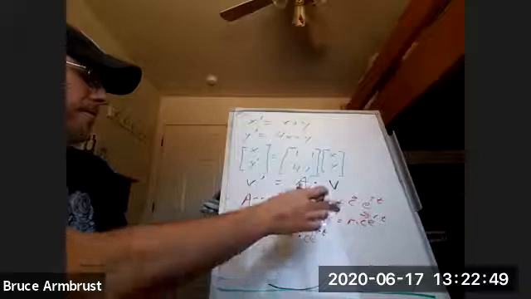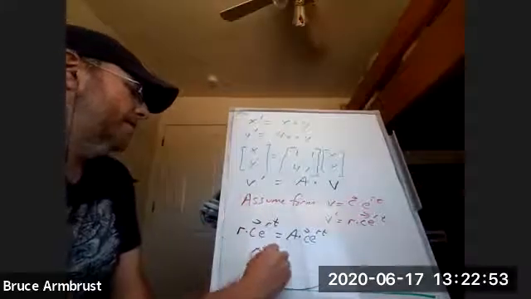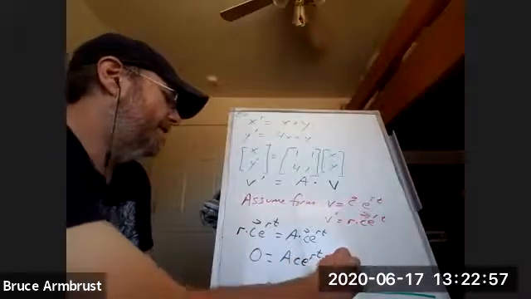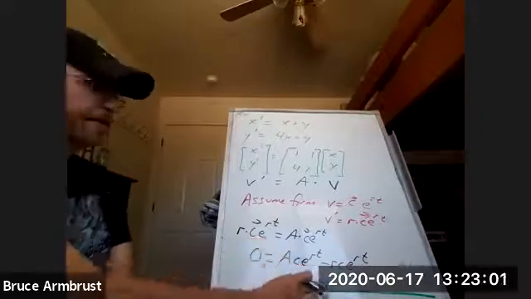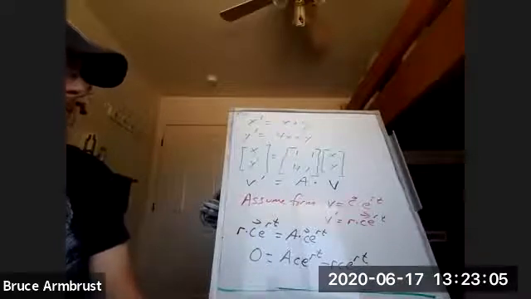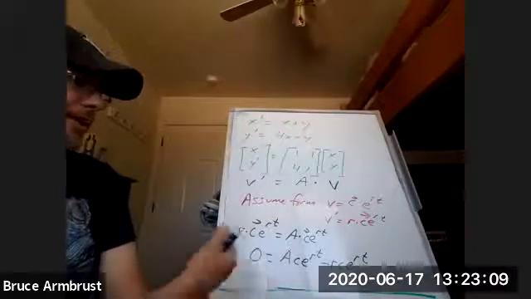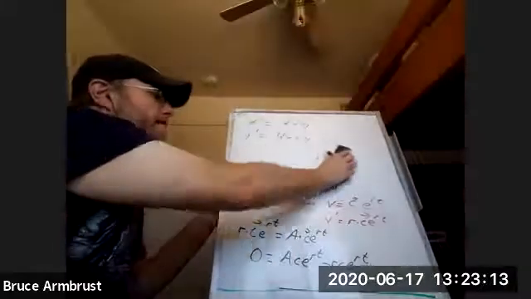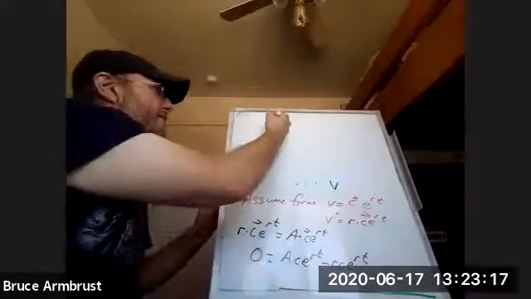So I'm going to go ahead and move things over to one side. We get 0 is equal to AC e to the RT minus R C e to the RT. I'm dropping the vector things off of the C, but just remember that's a vector. And what I want to do now is actually factor out. If I factor out, I can factor out C e to the RT.